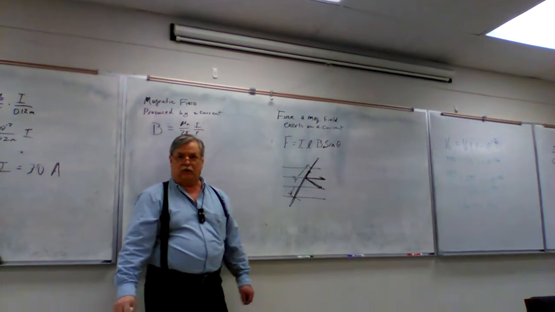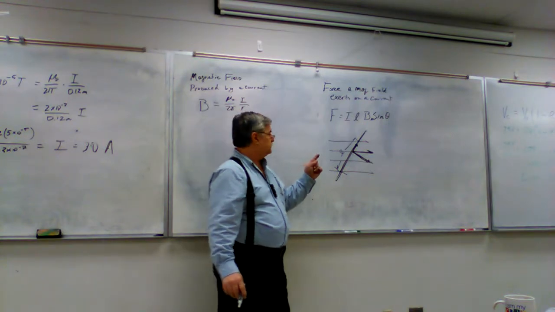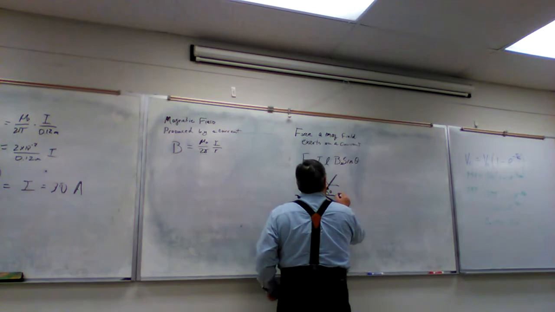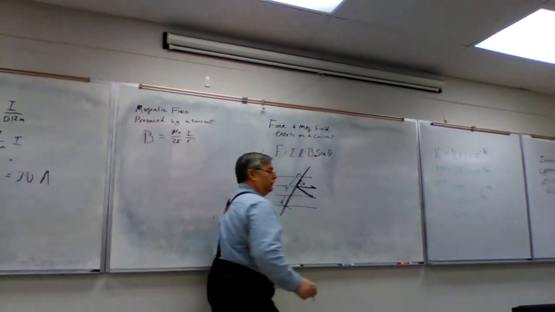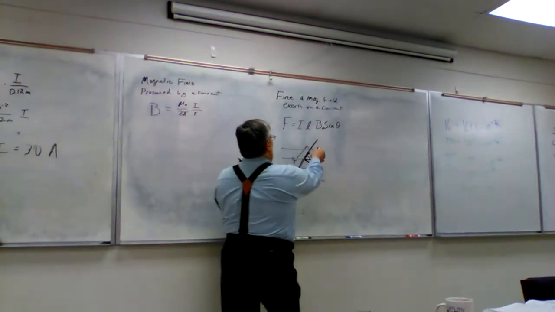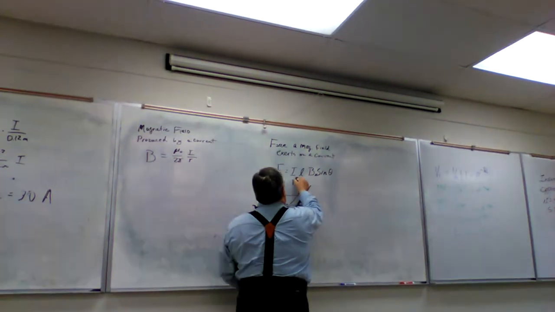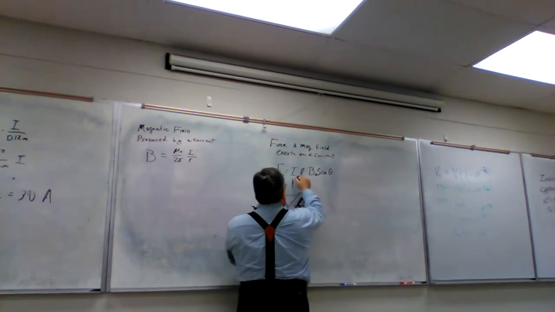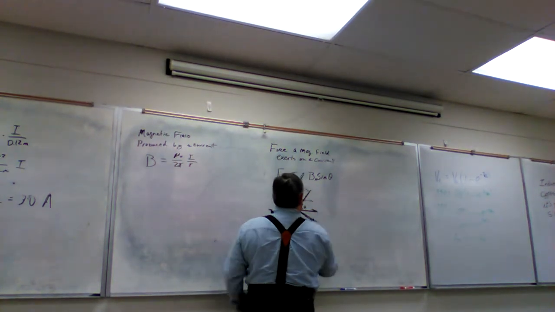Okay? When would this angle be 90 degrees? That would be 90 degrees. That would be 0 degrees.